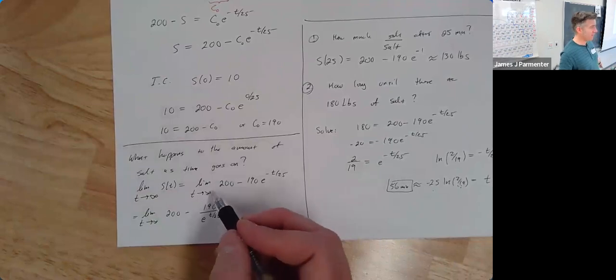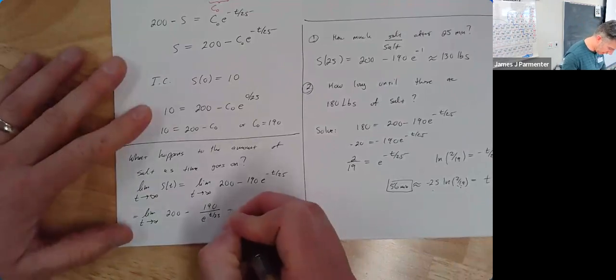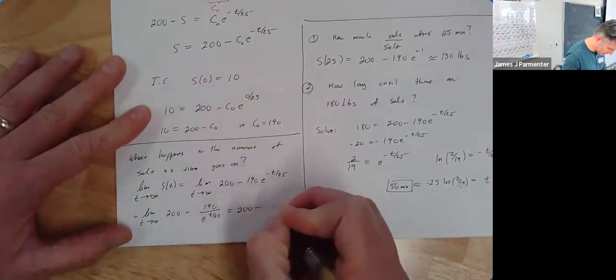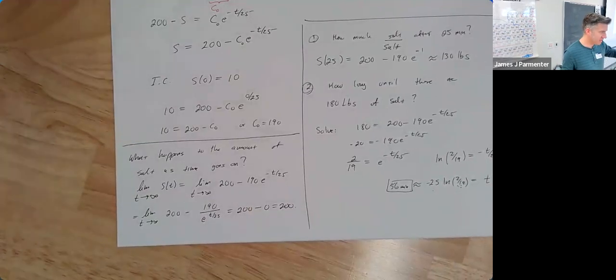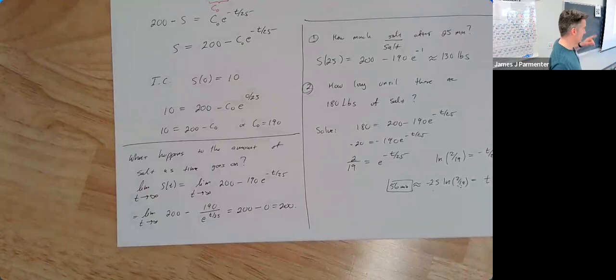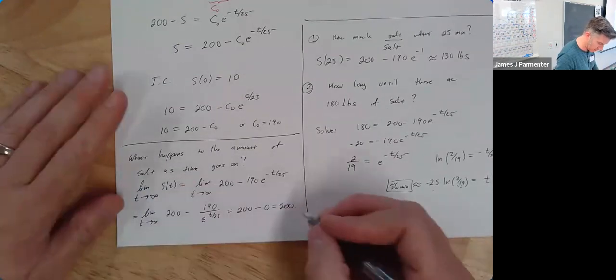And 190 divided by something infinitely large is infinitesimally small, getting closer and closer to 0, which means we're going to get 200 minus 0, which is 200. Which might not seem interesting yet, but give me just a second. So as time goes on and on, the amount of salt gets closer and closer to 200 pounds.